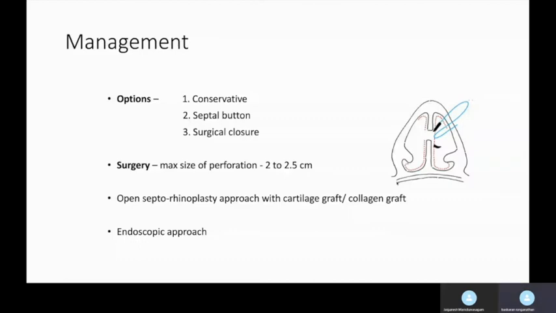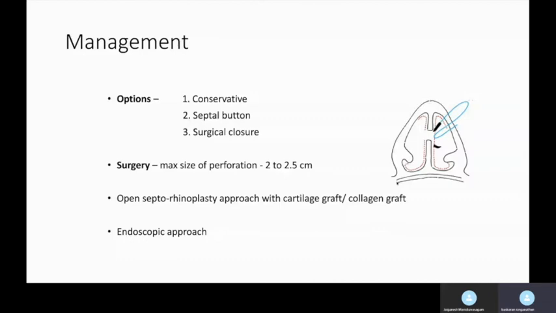So again, various techniques have been described, but traditionally, an open septal rhinoplasty approach, mobilizing the nasal mucosa above the perforation and under the upper lateral cartilage, and also going inferior to the septal perforation and elevating the mucosa from the floor, and also under the inferior turbinate, mobilizing the mucosa and approximating it, and placing a cartilage graft.